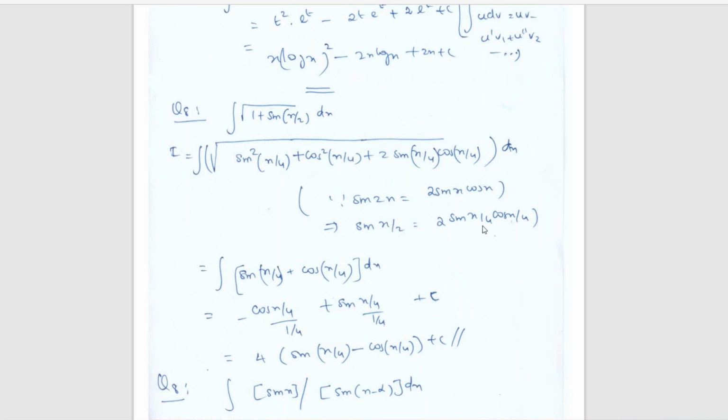Half of 2x is x. So half of x by 2 is x by 4. So 2 sine x by 4 cos x by 4. Or you can replace x in the place of x.